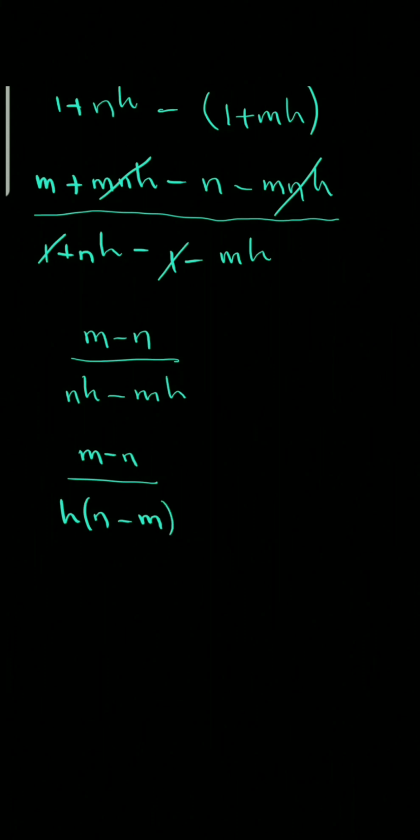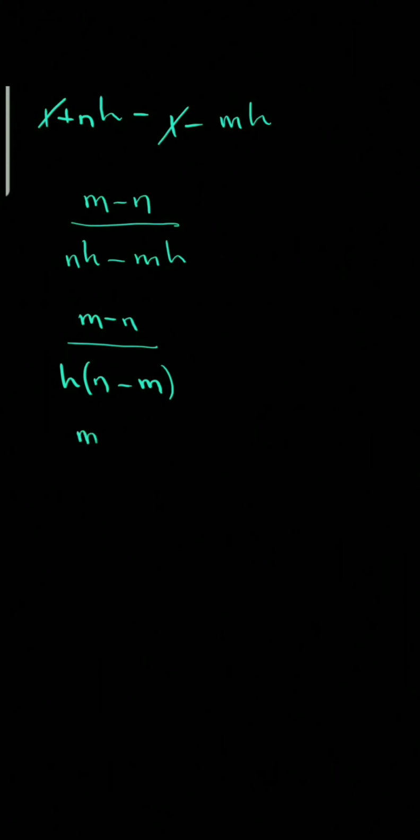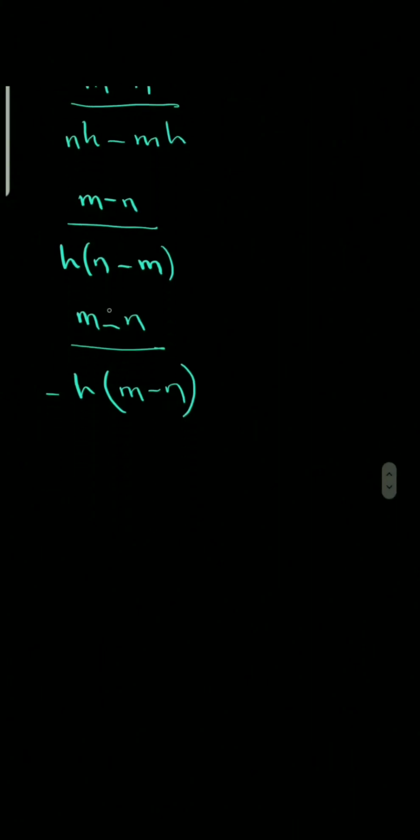Now multiplying everything on the denominator with a negative, what is inside brackets will change position. So it's m minus n over, multiply with a negative h, so it will be negative h, and this will now be changed to m minus n. Now m minus n on the numerator will cancel with the m minus n on the denominator. They will divide, so you get 1 over negative h.